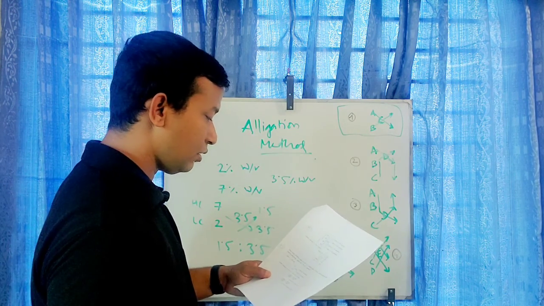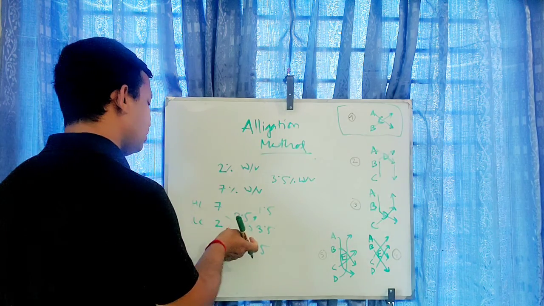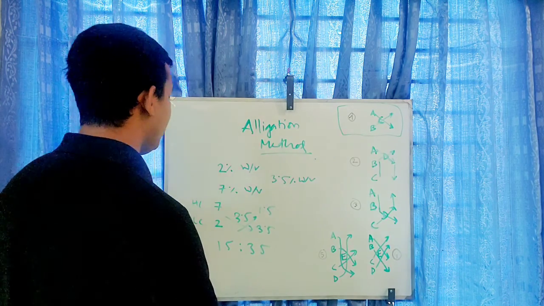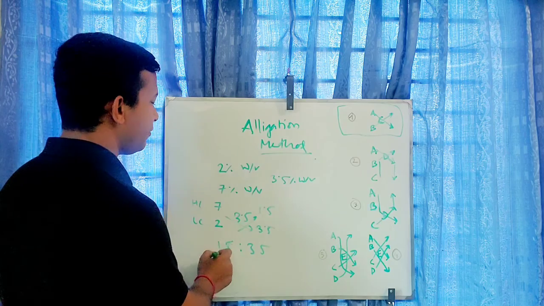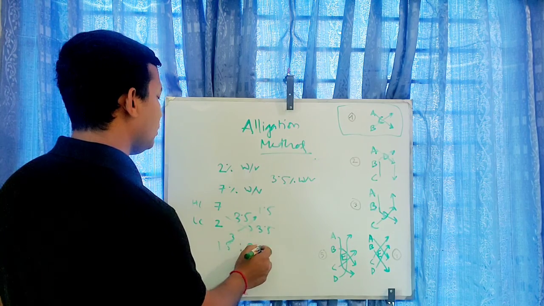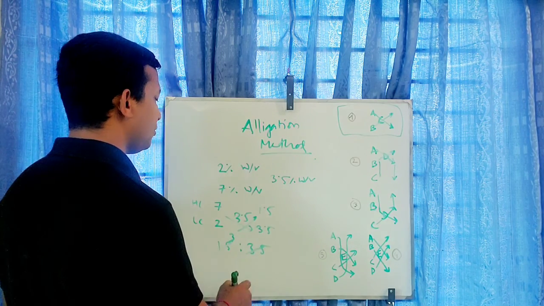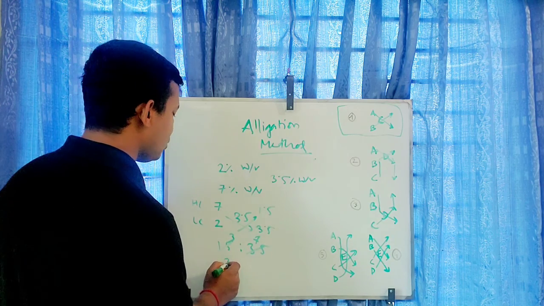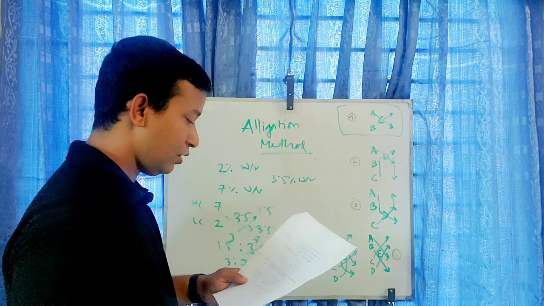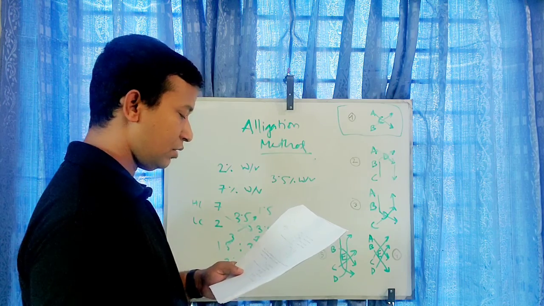We can omit the decimal portions. Now we can simplify it: 5 times 3 equals 15, 5 times 7 equals 35. So 3:7 probably. Yeah.